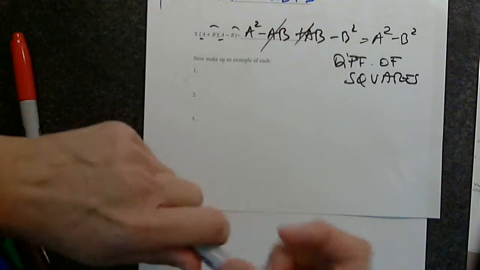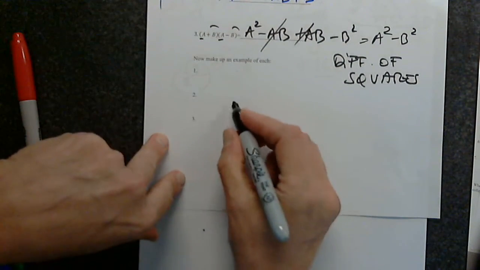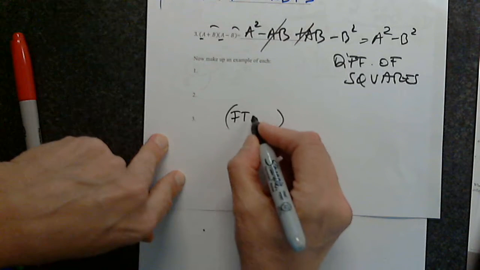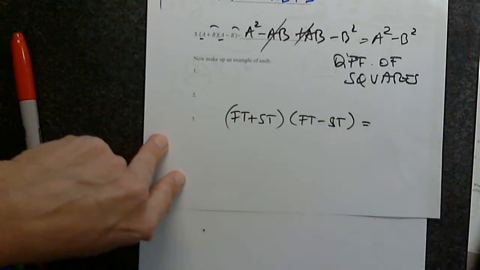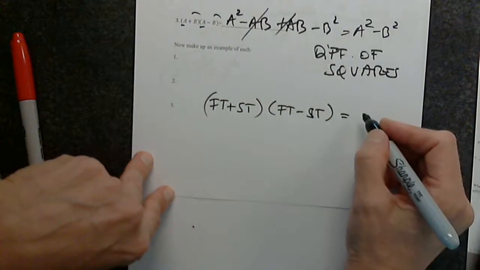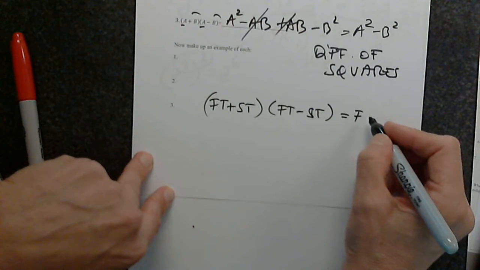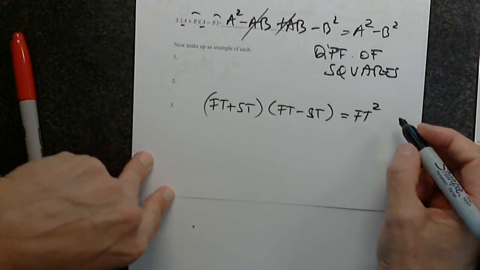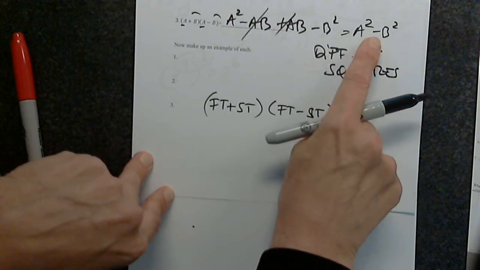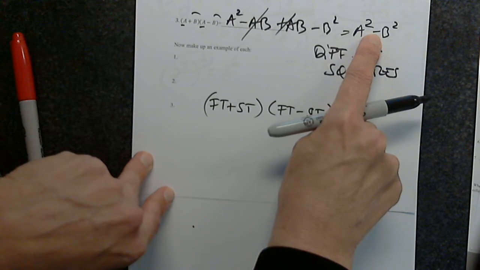If you would like to just give me an example of this: first term plus second term, first term minus second term. So what would you say? First term squared minus second term squared. It's the difference of squares.